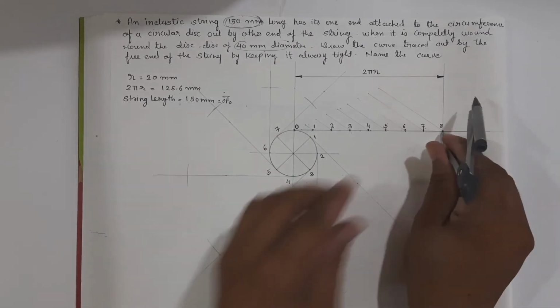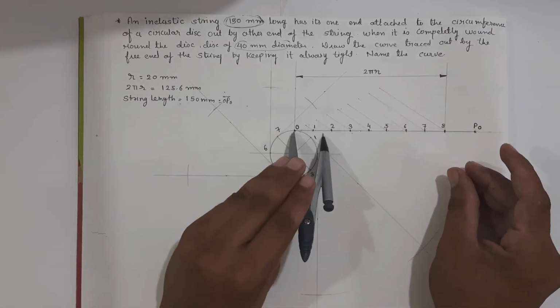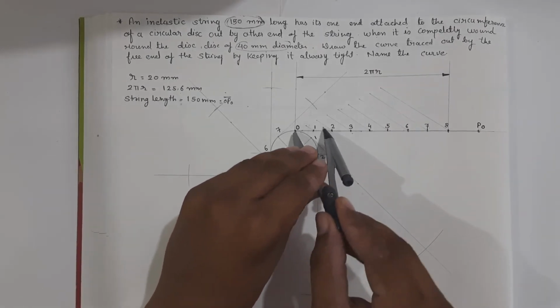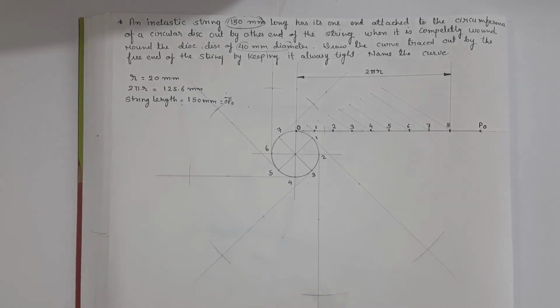Now 8 to P0, put your rounder on 0 and give an arc on the tangent passing from the 0 point of the circle.